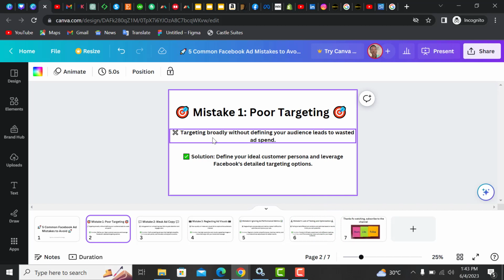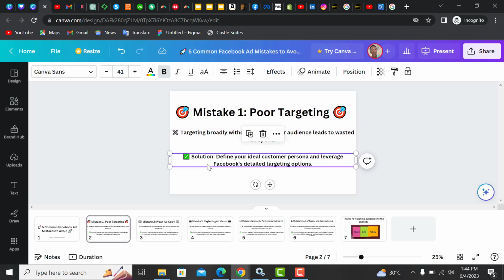So if I'm running an ad with zero target interest, not targeting anybody, I will not make mistakes in that kind of ad. But otherwise, I define the ideal customer persona and leverage Facebook's detailed targeting option to target those particular interests.